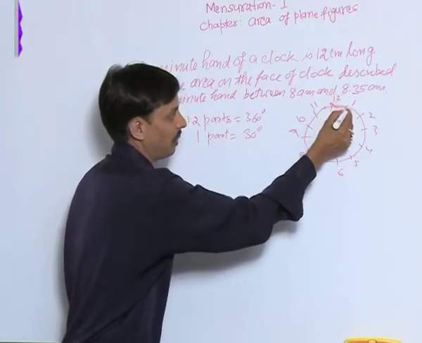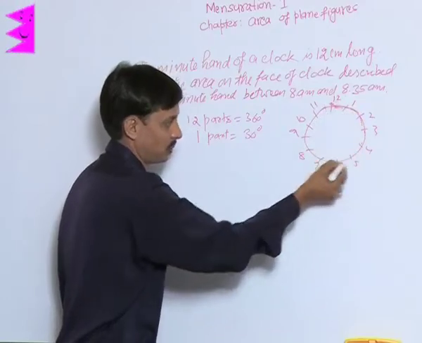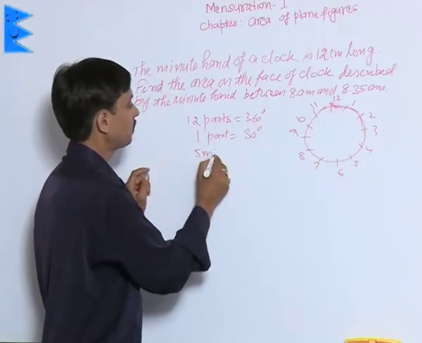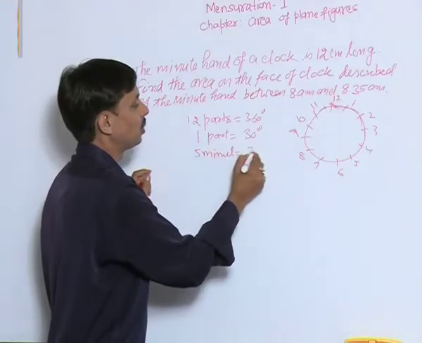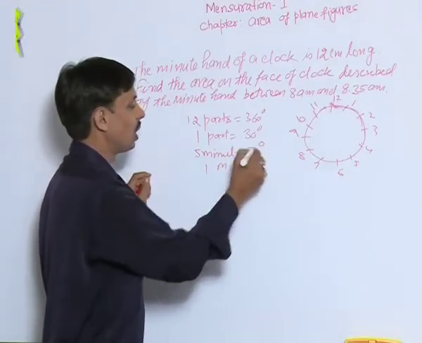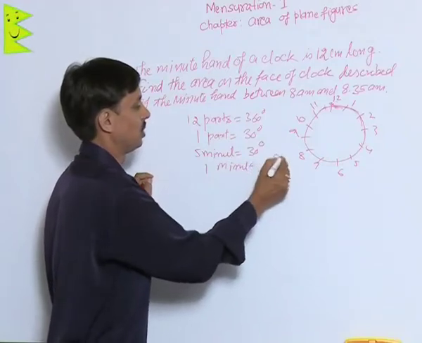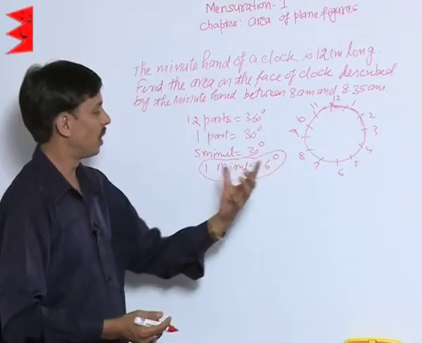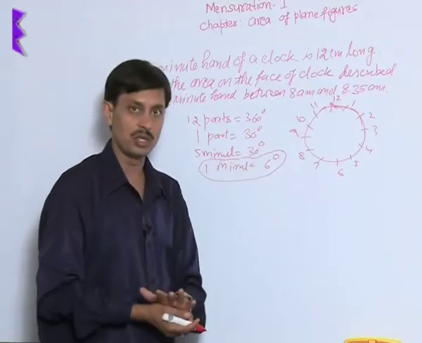In one part there are 5 minutes. So 5 minutes are equal to 30 degrees. So 1 minute is equal to how many degrees? That is 6 degrees. So on the face of the clock, we can say 1 minute is equal to 6 degrees.